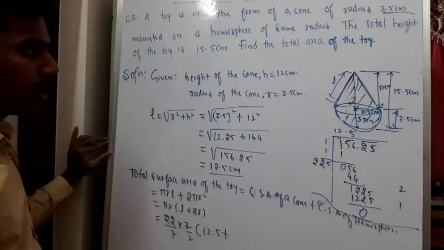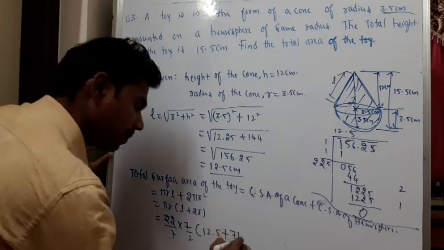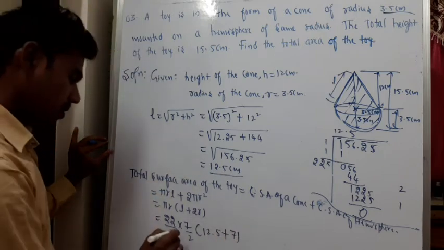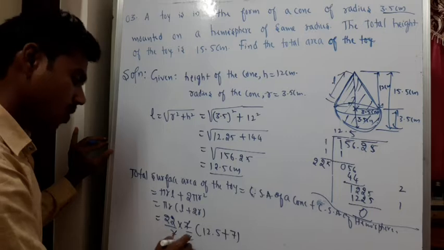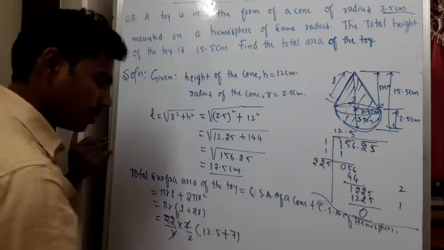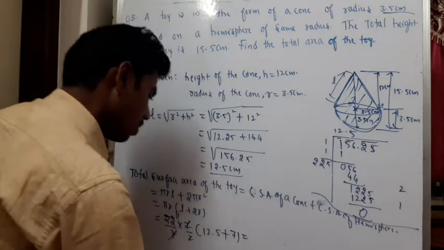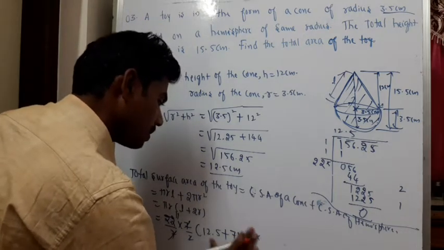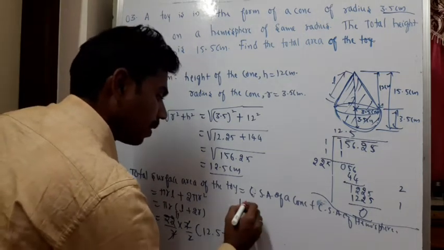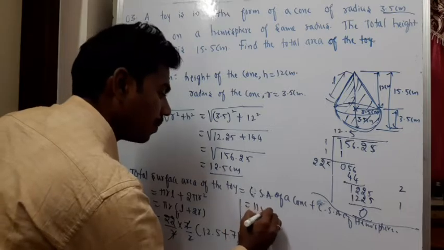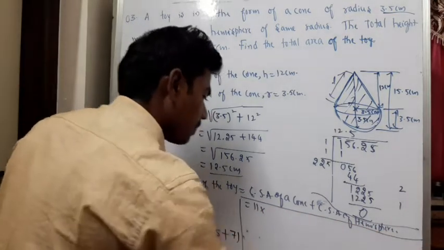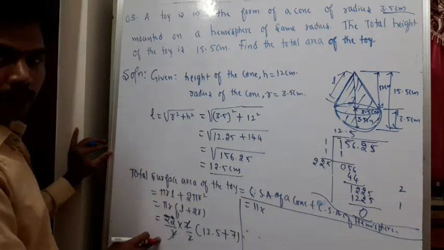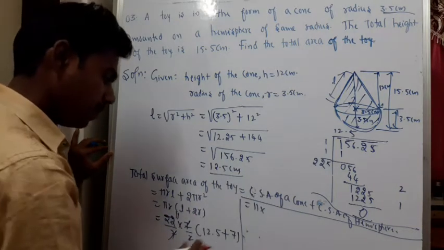Plus, what is 2R? 2R is nothing but 7. Any confusion here? 7 will get cancelled. 2 1s are 2, 11s are 11. So which is equal to 11 into 19.5.